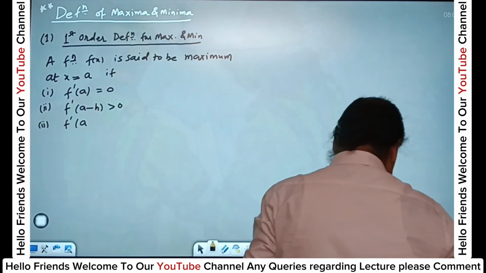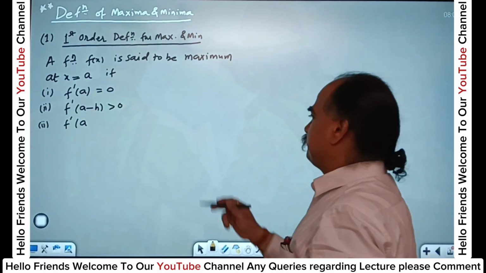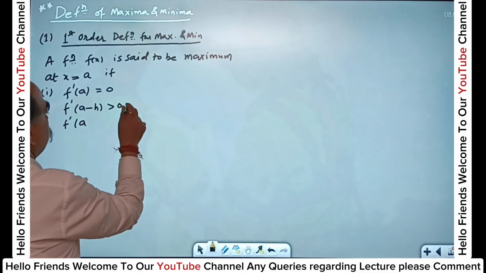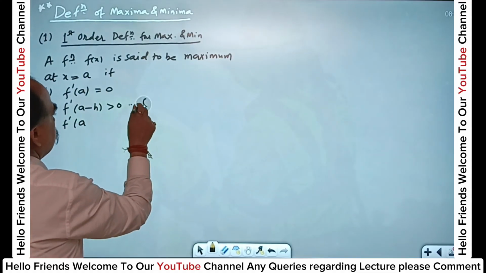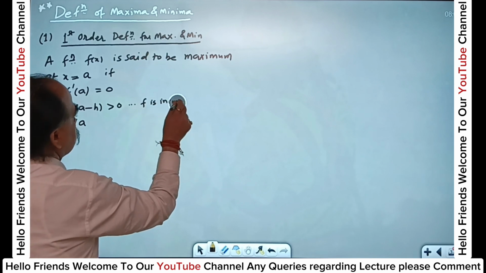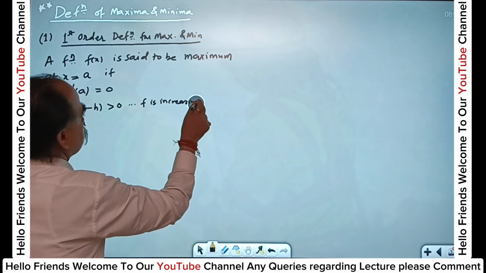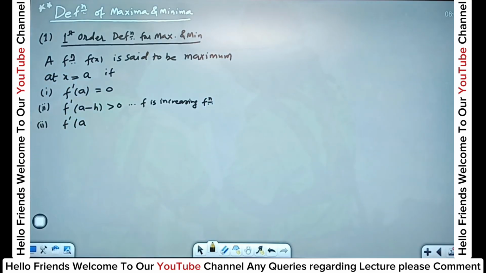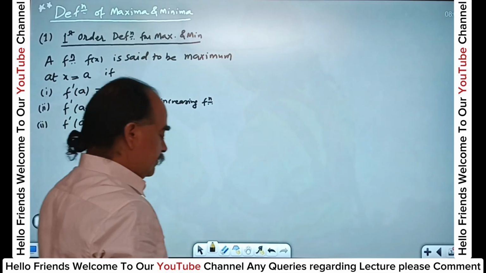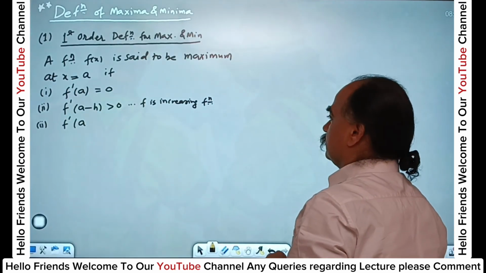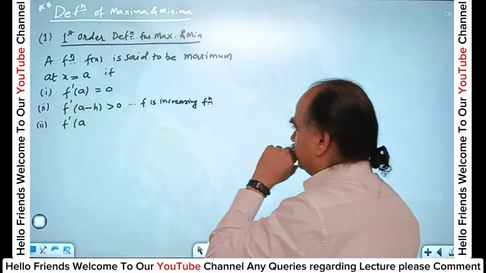Now, the meaning of this is what? f is increasing. First derivative greater than 0 means f is increasing at a for the value x less than a, left side.